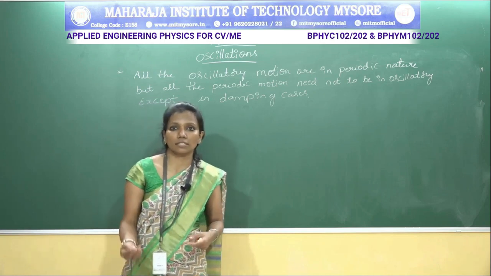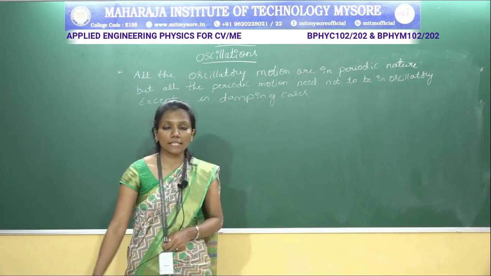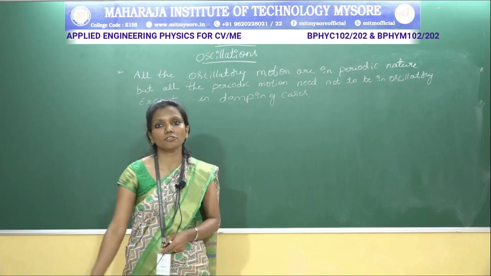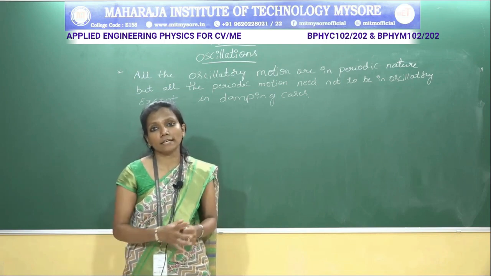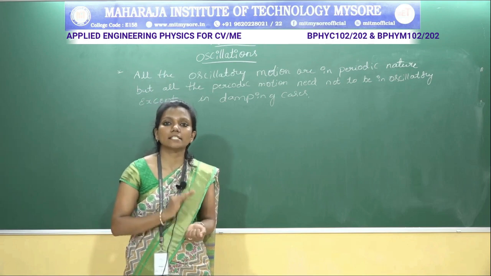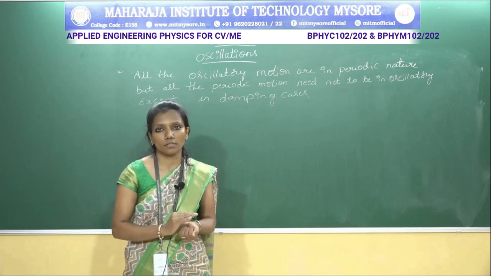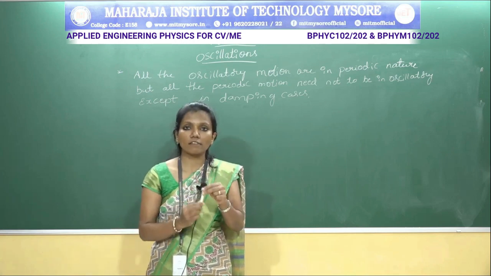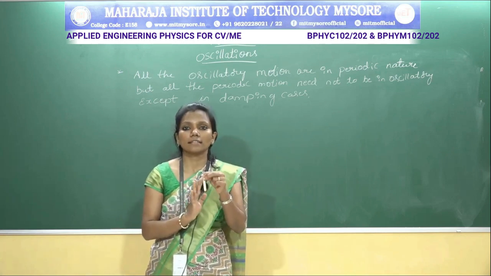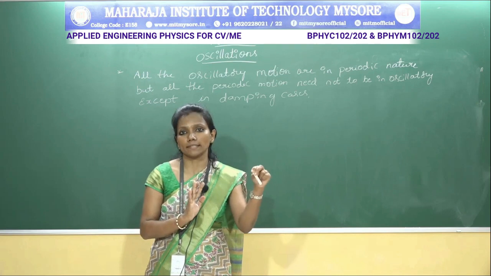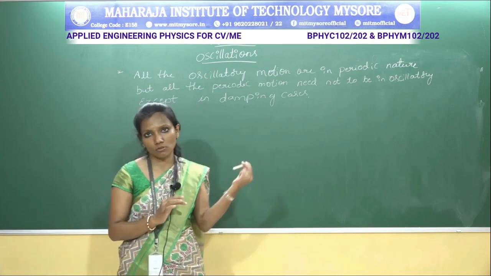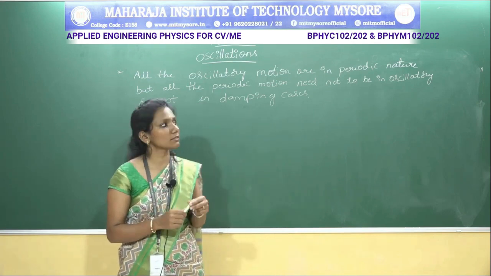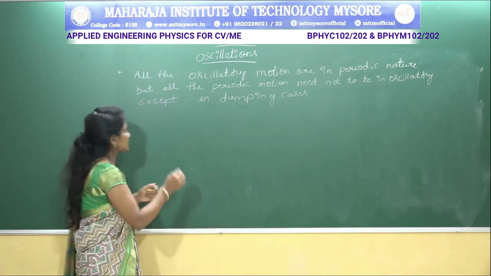Inertia we know: a body continues in a state of rest until we apply an external force on it. The particle stays at rest, and when we apply the force, it starts its movement. That is what we call inertia, and oscillation also depends on elasticity.